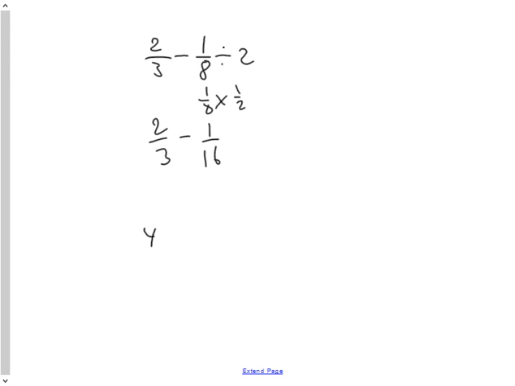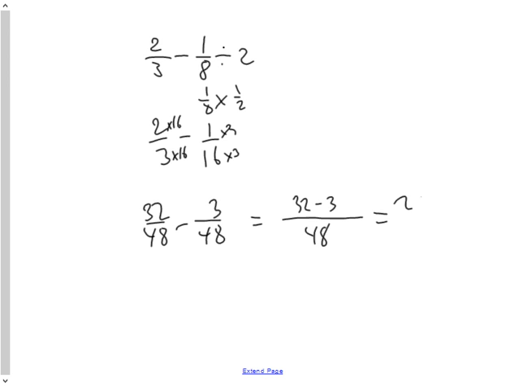It is 48. 32/48 is equivalent to 2/3. 3/48 is equivalent to 1/16. So now that you have your common denominator, subtract your numerators, you get your final answer of 29/48.